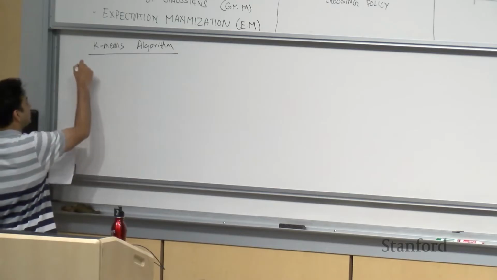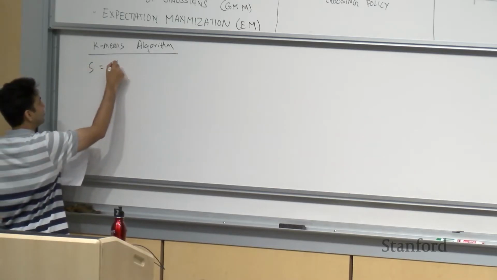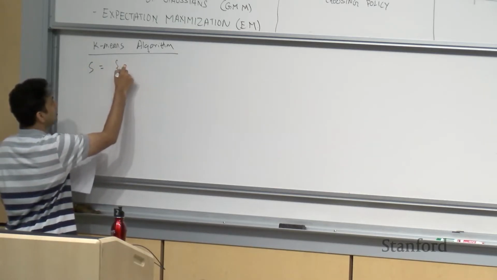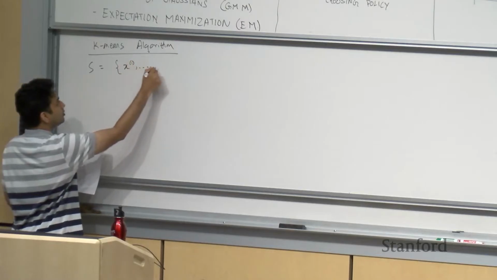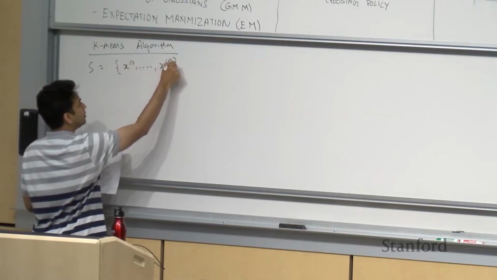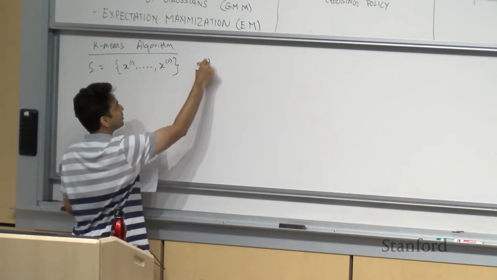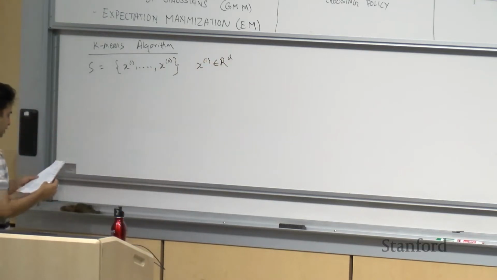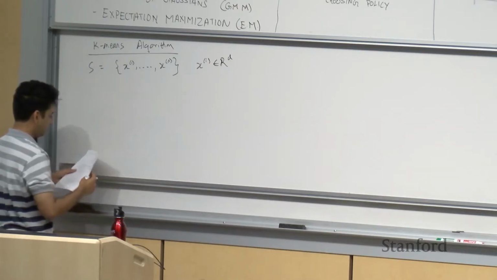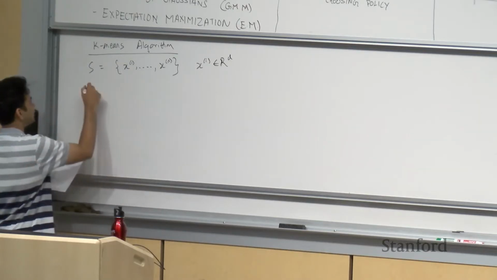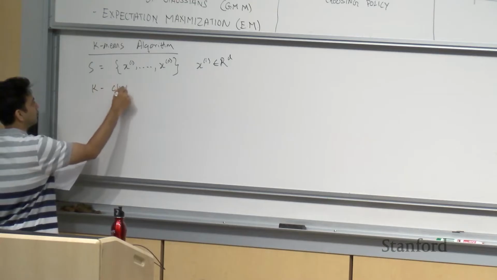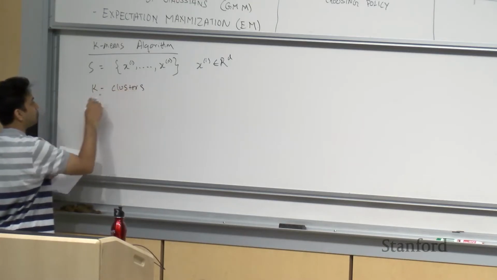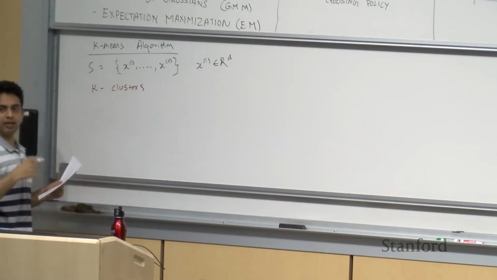So we are given a data set of n examples, x1 through xn, where each xi is in R^d, right? And our goal is to group them into k clusters. For the purposes of the algorithm, we'll assume that k is given to us.